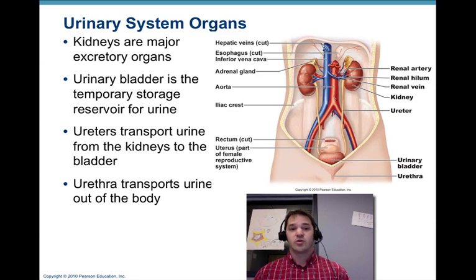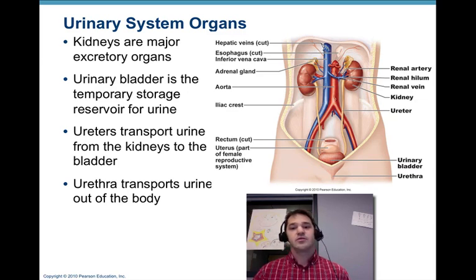One major waste product is urea, and that's made in the liver from excess amino acids. Since urea and other metabolic wastes can poison the body, it's essential that they be efficiently and expeditiously eliminated. So our kidneys perform a crucial part of this task by continuously filtering the blood.